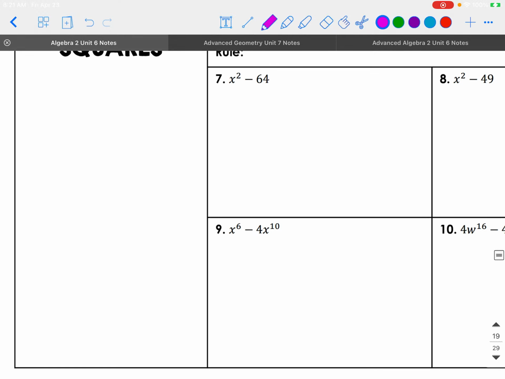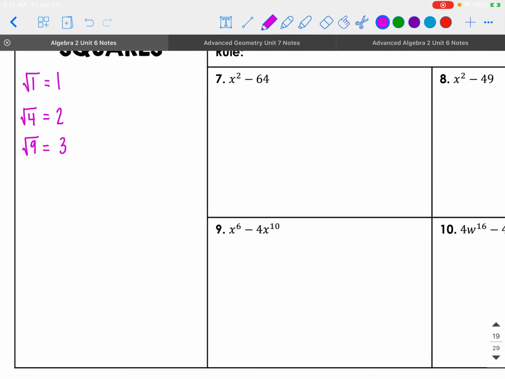And before we do difference of squares, let's talk about some perfect squares. So, what is the square root of 1? 1. The square root of 4 is 2.